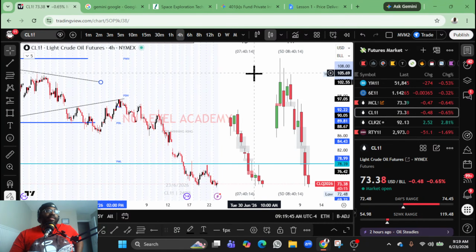And what makes me feel as though, I'm looking at this on the 4 hour, right? And we saw the move, what happened in indices. We saw what took place in indices. And it's making me feel as though it has decoupled itself from indices. Usually when oil is short, NQ is long, ES the same way, it drags a little bit.